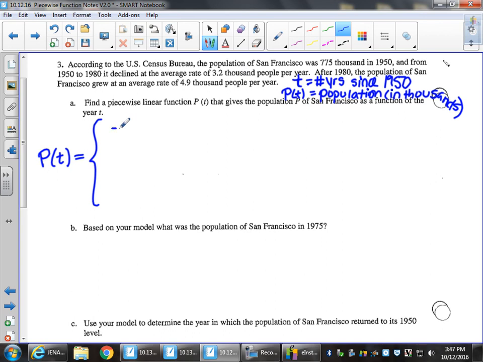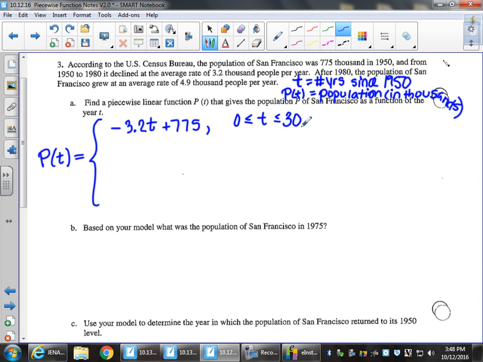If it's declining, it's a negative rate. So negative 3.2t plus that initial value of 775. This will become 0 to 30 because 1980 is 30 years after 1950. So t greater than or equal to 0, less than or equal to 30. I have my first piece.